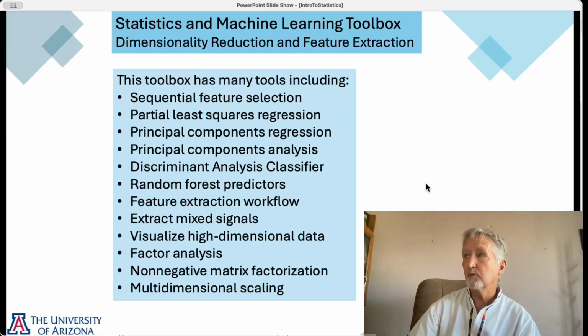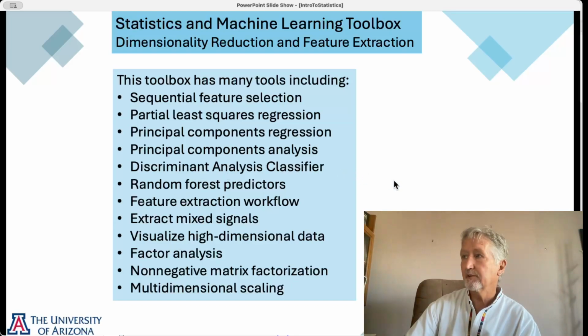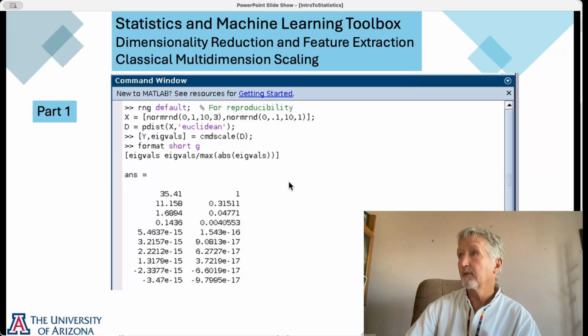and move on to a more elaborate, I would say, toolbox. The toolbox has many tools in it, and there are plenty in here, so I'm not going to list all of them, but you can look through as curious as you are. So pick dimensionality reduction or feature extraction.